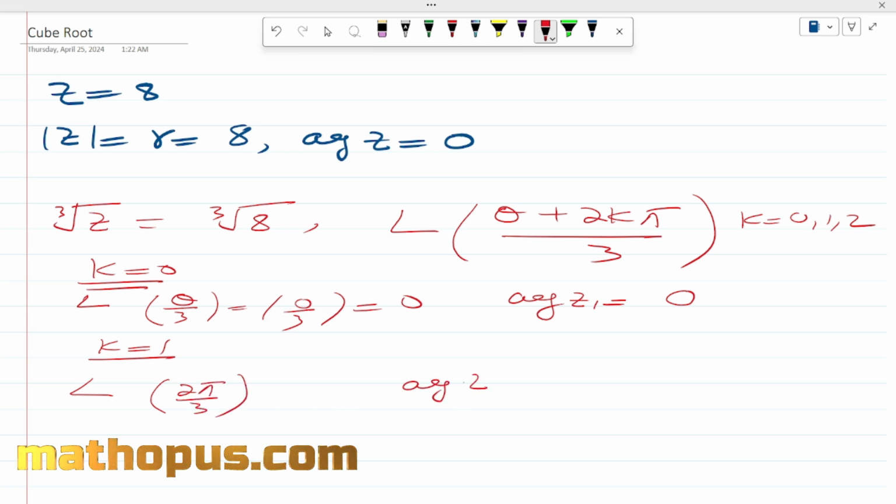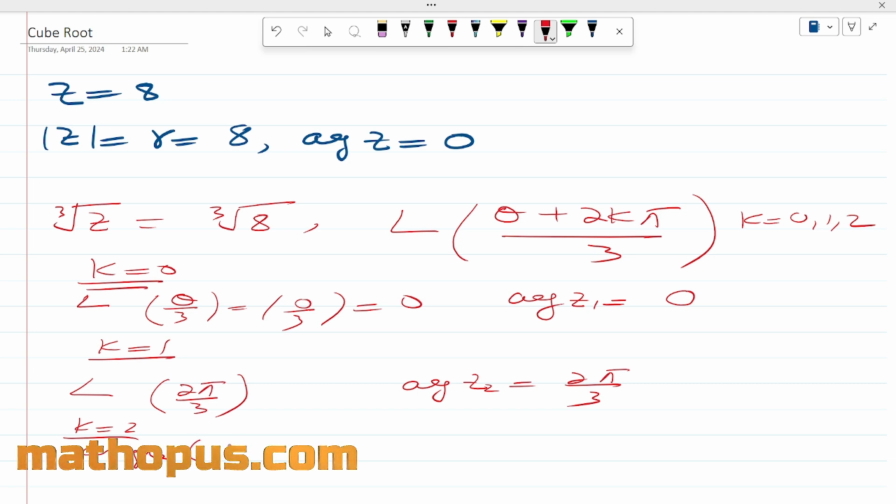So argument of the second root is 2 pi over 3, and when k is 2, then the angle would be 2 times 2 pi, so it is 4 pi over 3.